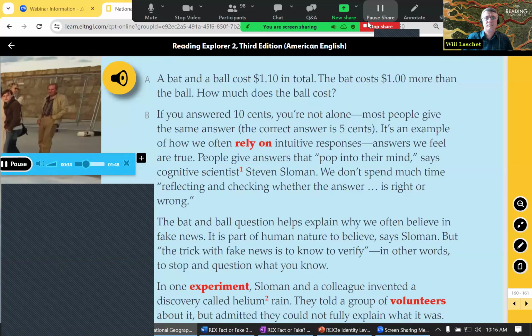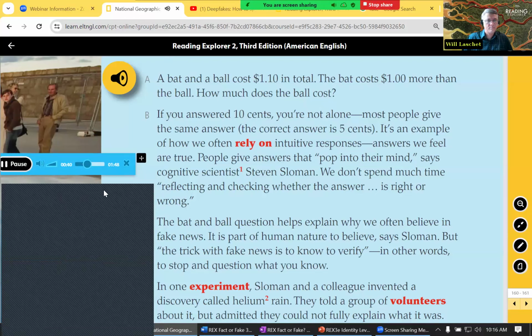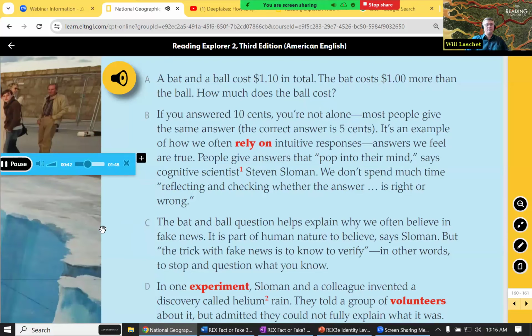People give answers that pop into their mind, says cognitive scientist Stephen Sloman. We don't spend much time reflecting and checking whether the answer is right or wrong. The bat and ball question helps explain why we often believe in fake news. It is part of human nature to believe, says Sloman, but the trick with fake news is to know to verify. In other words, to stop and question what you know.